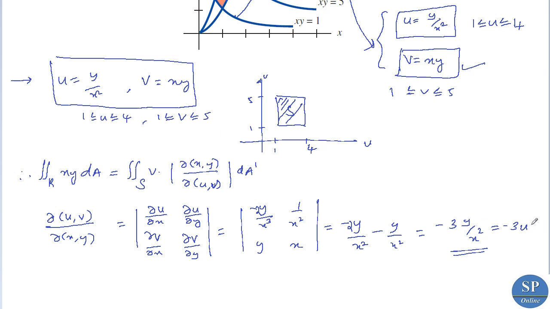So minus 3u. Therefore, dou xy divided by dou uv can be written as 1 by minus 3u, that is minus 1 by 3u.